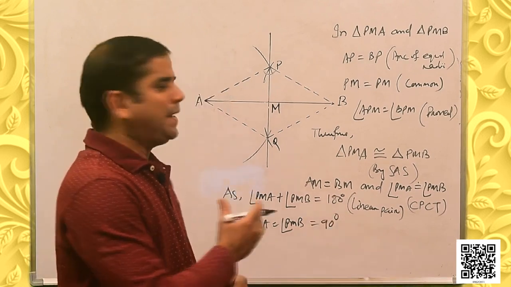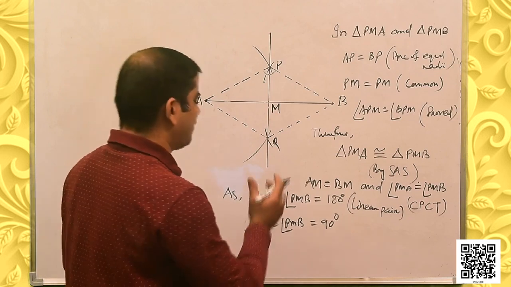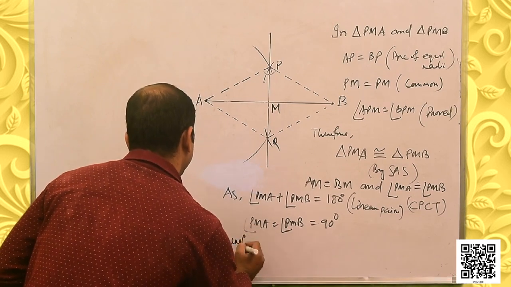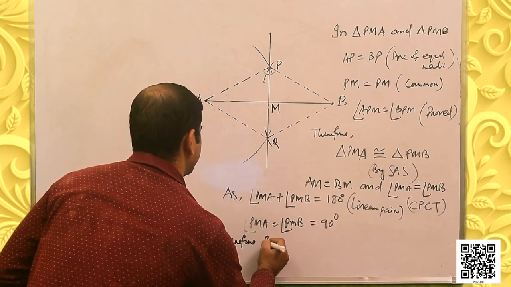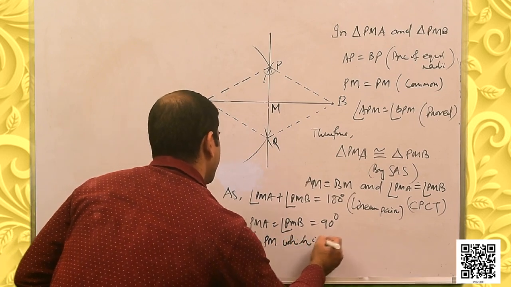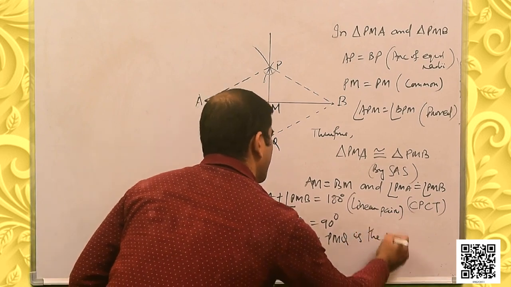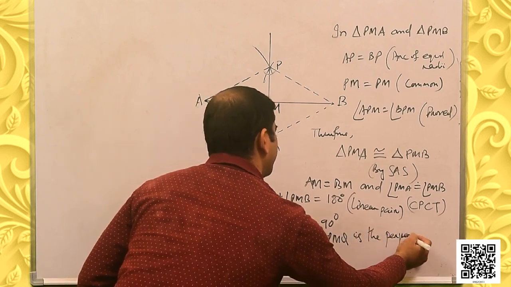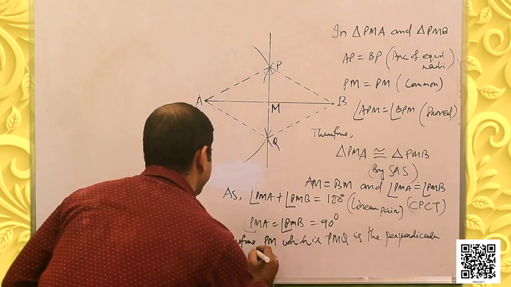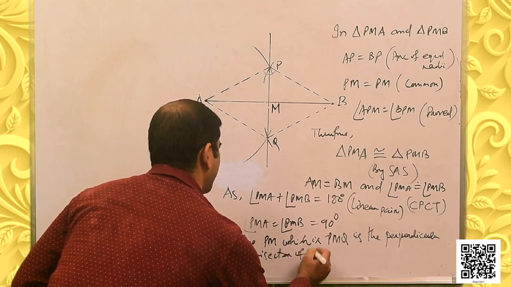Fine. That is, PMQ is the perpendicular bisector of AB.